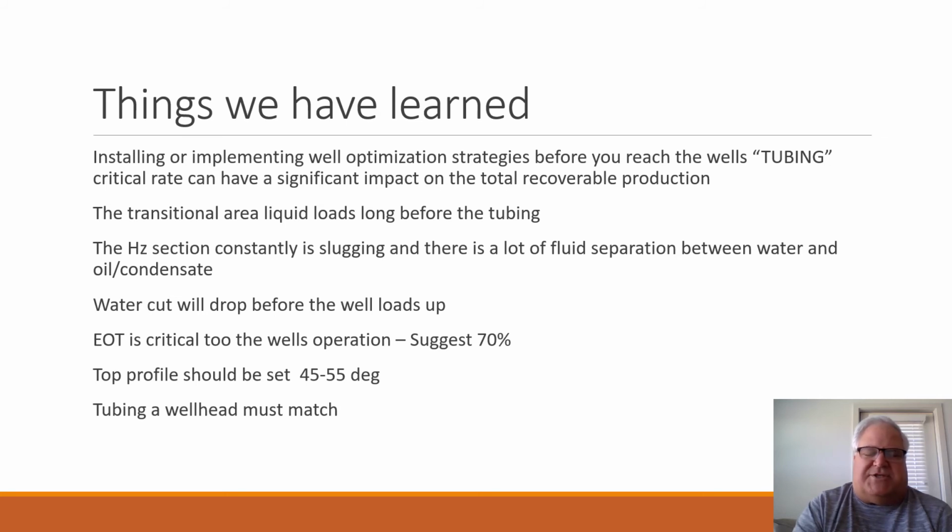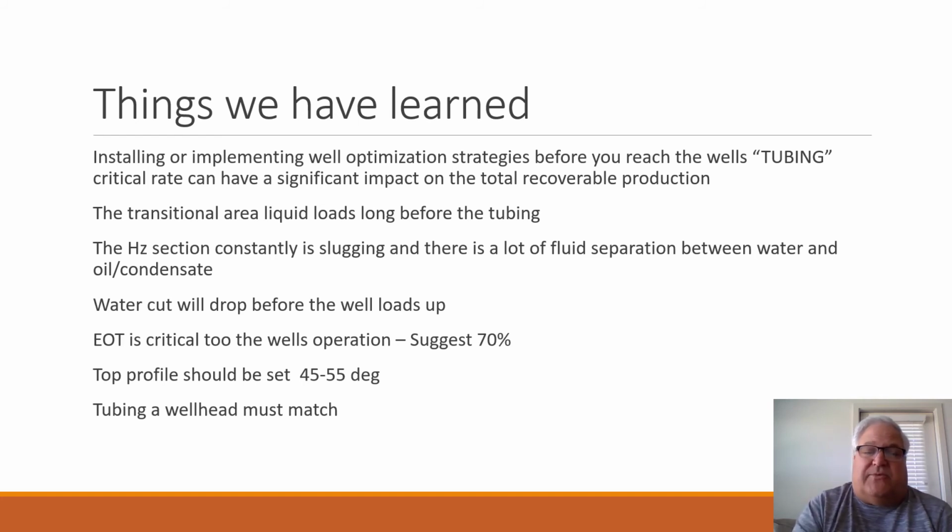It's actually more trouble than it's worth because it's very difficult to run wireline and other things once you get past about that 55 degrees. And getting a bottom hole spring set properly so it's not jacking out of the profile nipple or whatever. So that's typically what we do. We have the best results there.